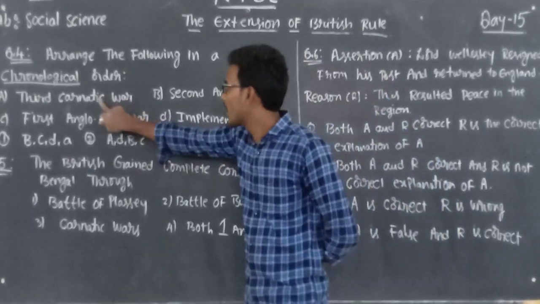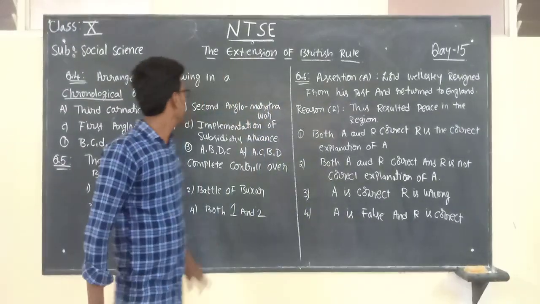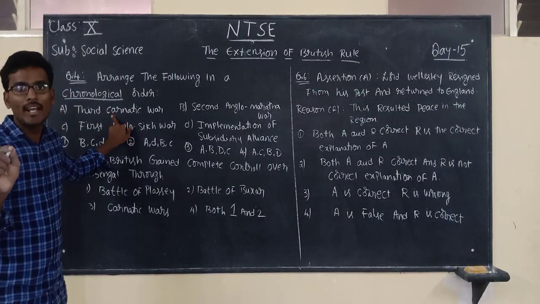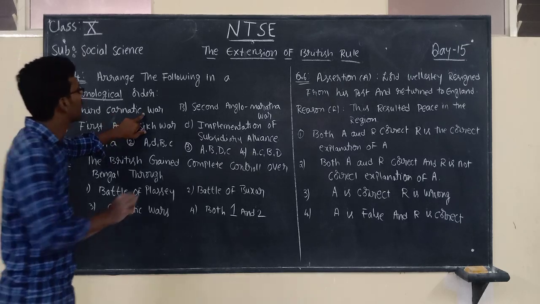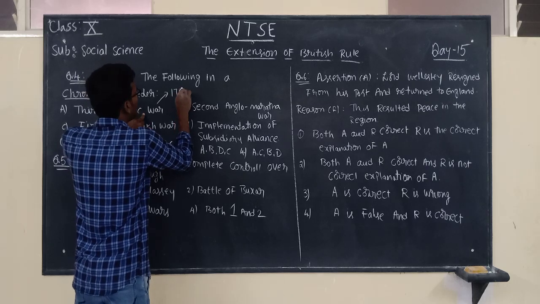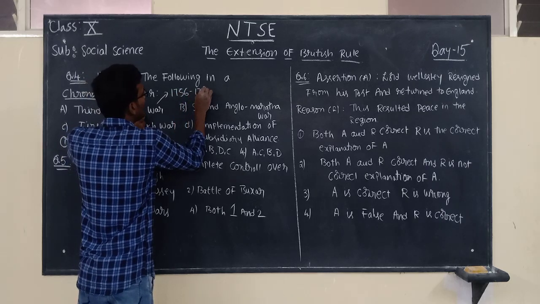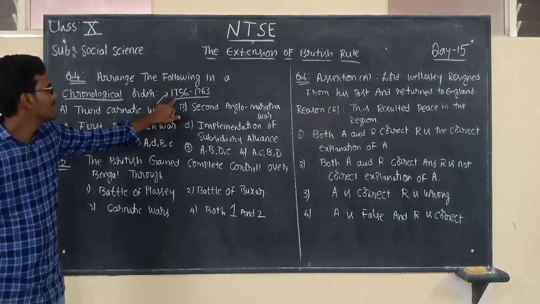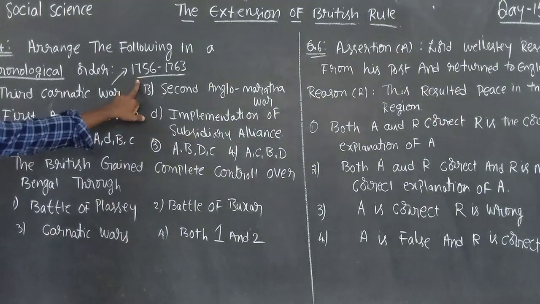So now, Third Carnatic War. Children, in which year did the Third Carnatic War take place? The Third Carnatic War took place in 1756 to 1763. Third Carnatic War, 1756 to 1763.